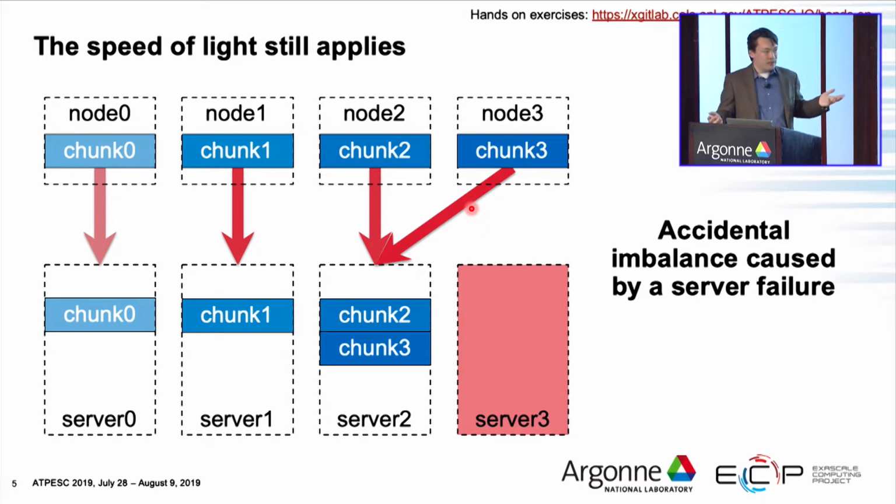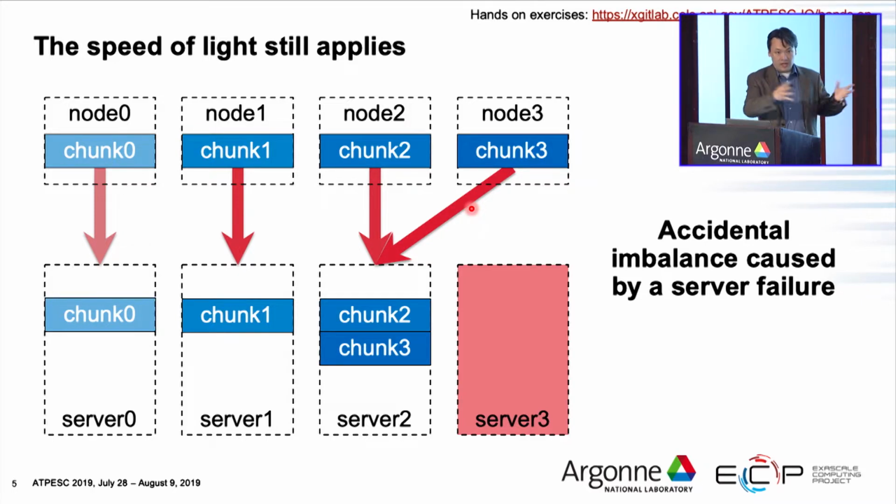But there are also cases like I described when a server fails. A failover occurs, and then you wind up with one server that owns twice as many disks as everyone else because it's serving the disks that belong to its failed neighbor. And this can cause load imbalance, right?